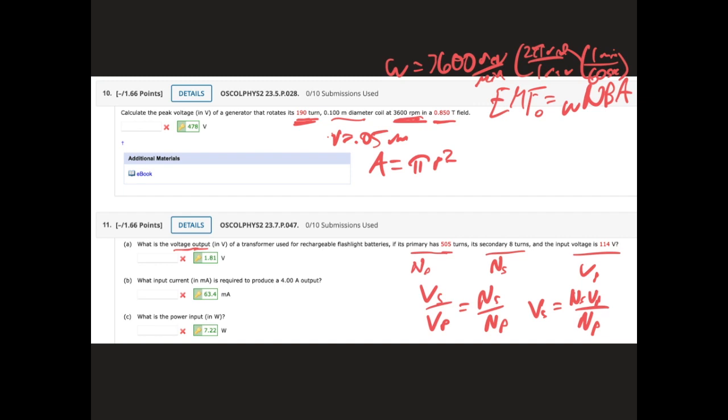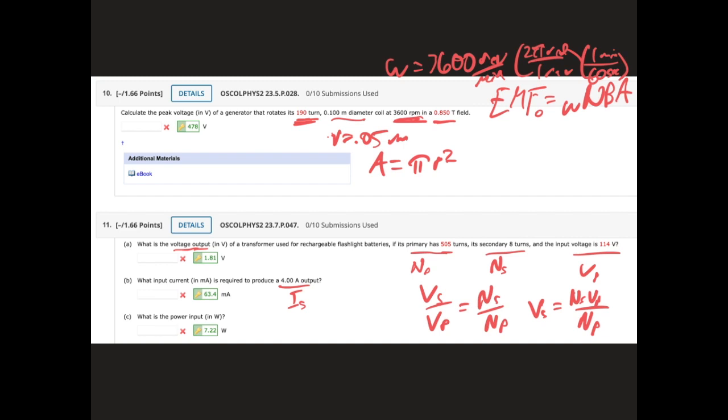The next part, B, is asking us to find what input current is required to get an output current of 4 amps. That would be the current on the secondary side, so I sub S. We have the same information as we had above, so we know the number of coils on both sides, and we know the secondary or output current, so we've got to figure out the input or the primary current.